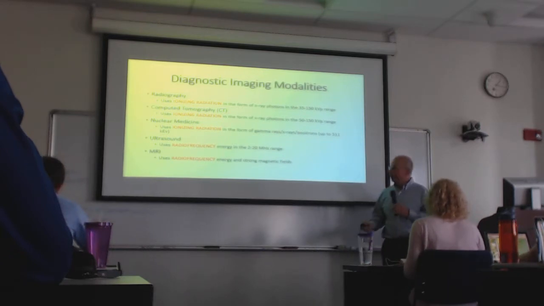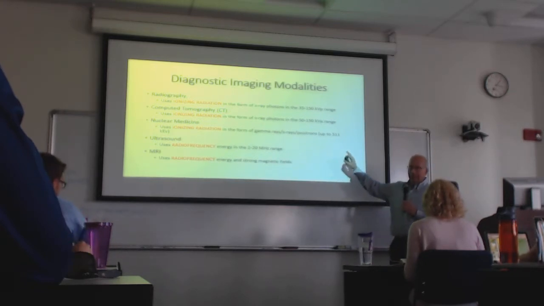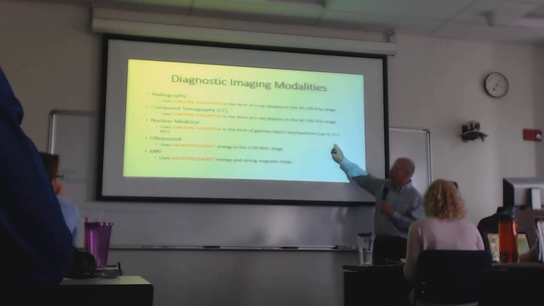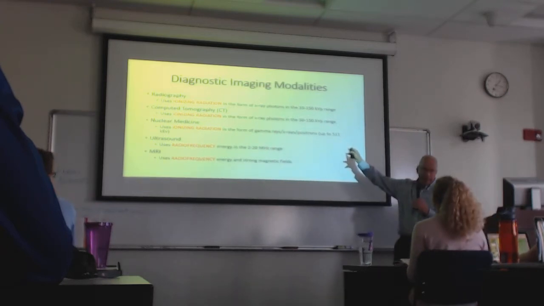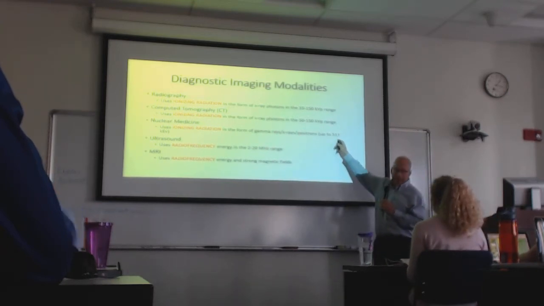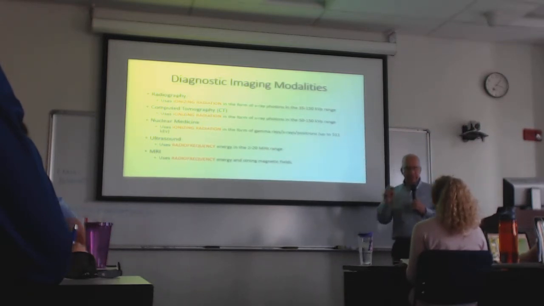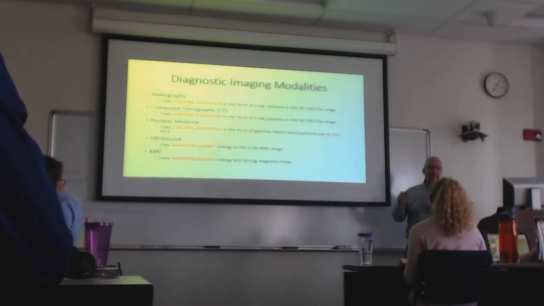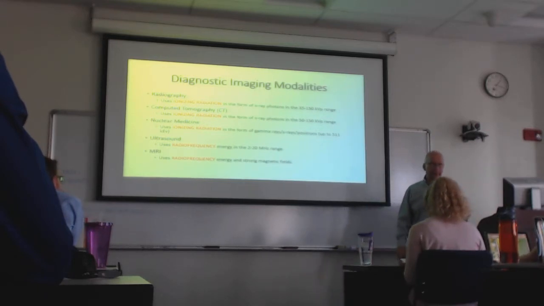And you can imagine that if the radiation source is actually inside of you, spitting out radiation of anywhere from the low 100 keV, kiloelectron volts, up into as much as 511 kiloelectron volts in PET imaging. This positron particle of 511 keV, which exists for a very, very brief instant in your body when you're getting a PET scan. That's some high energy stuff right there, and that can really cause some significant biological damage.